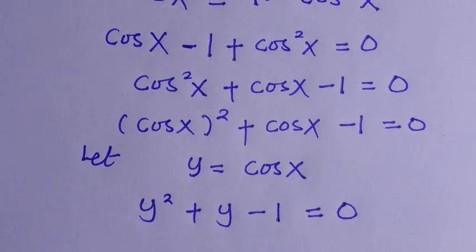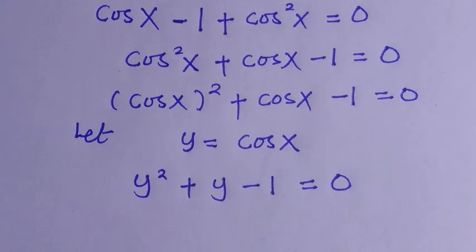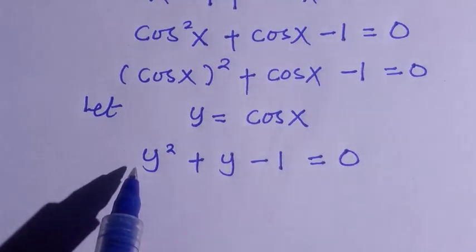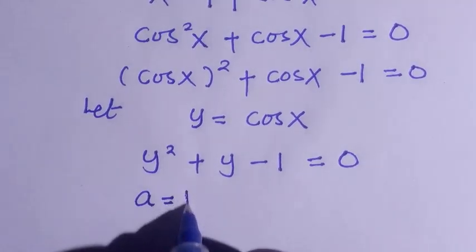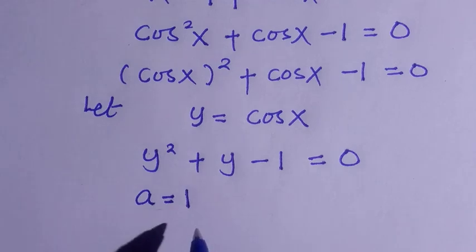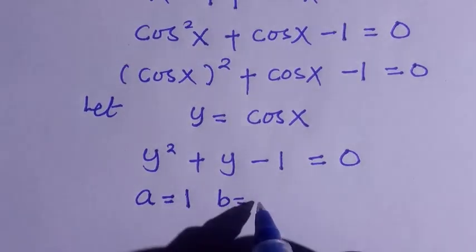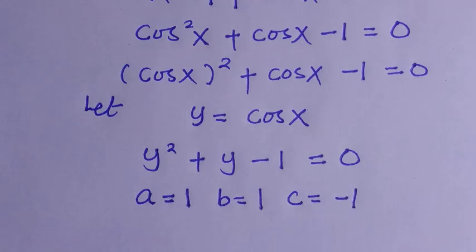And this forms a quadratic equation, which requires us to find the value of y. Here we have the coefficient of y square, which is 1, so a equals 1, because I'm going to apply the quadratic formula. Here we have b, which is the coefficient of y, which is 1, and we have c, which is -1.